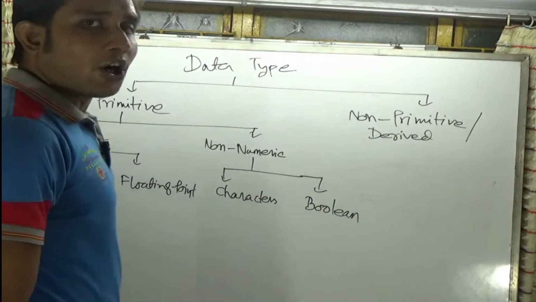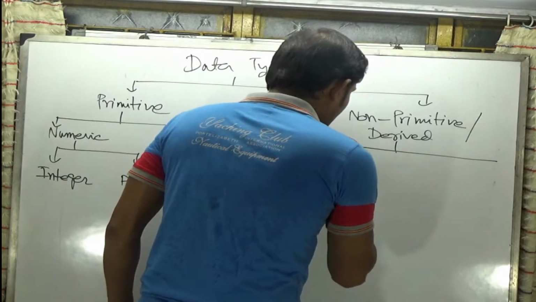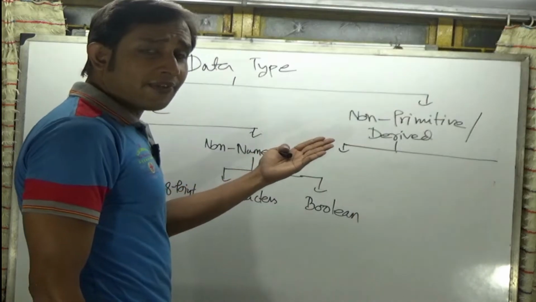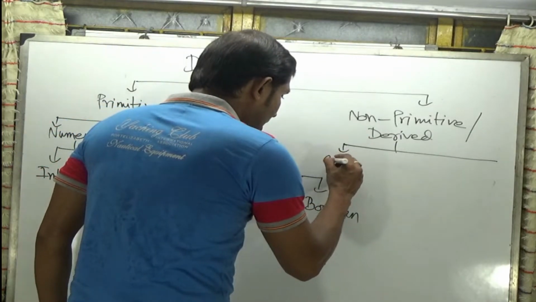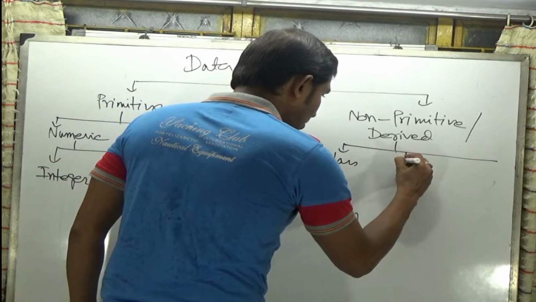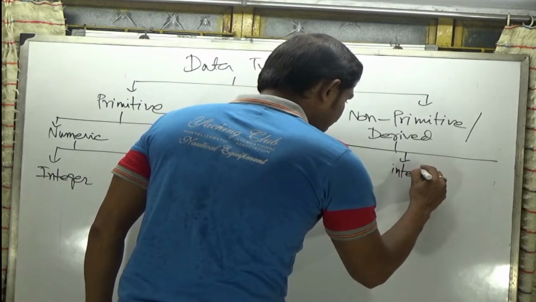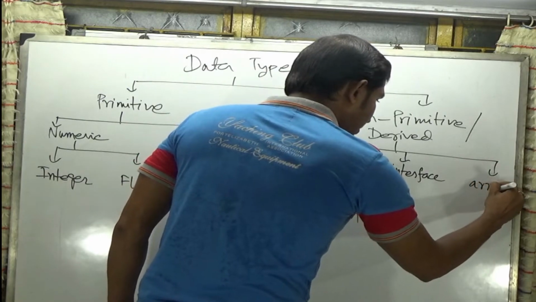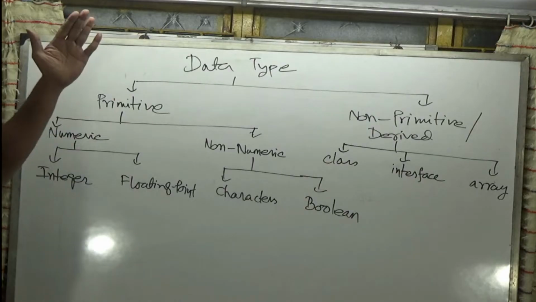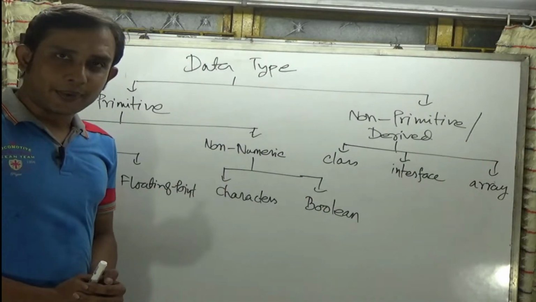In non-primitive or derived data type, they are categorized into three types, and they are class, interface, and array. So these are the different types of data types available in the Java programming language.